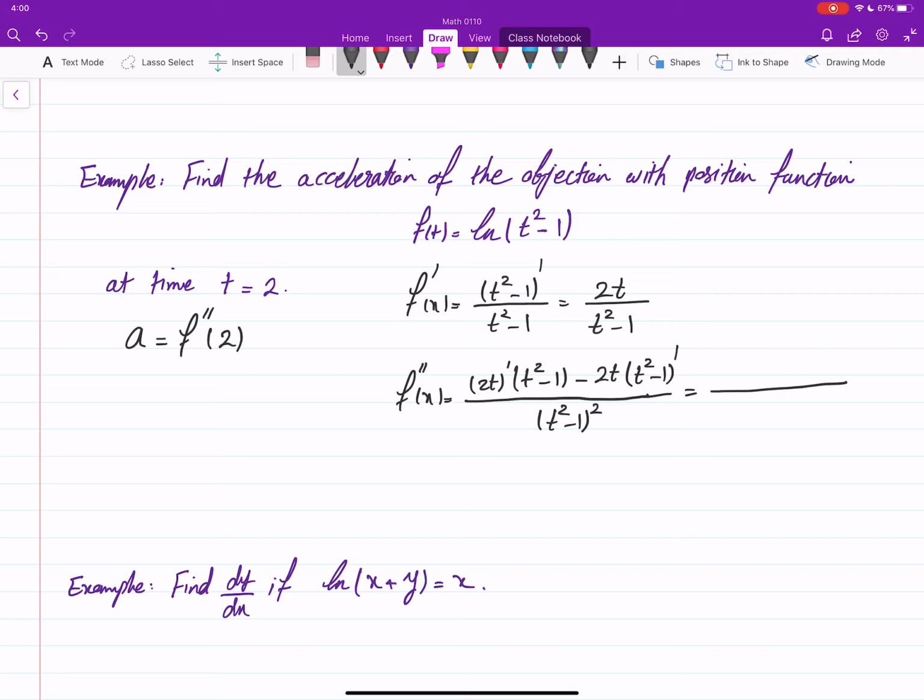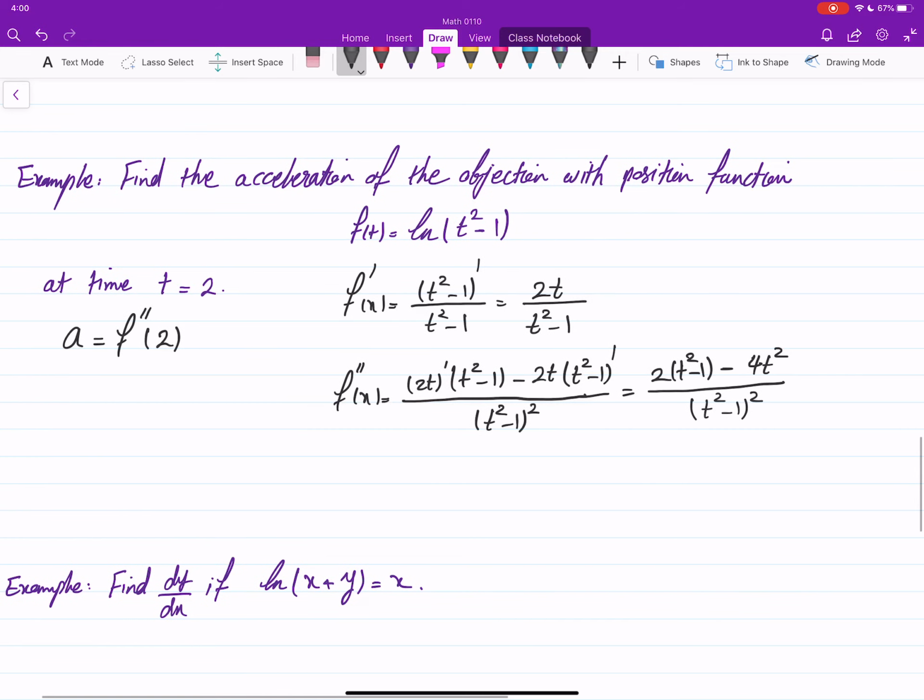This gives 2 times t squared minus 1 minus 2t times 2t, which is 4t squared, over t squared minus 1 squared. You can definitely simplify this, can't we? So this is negative 4t squared. There's a 2t squared there, so this is negative 2t squared. And there is minus 2 also there.